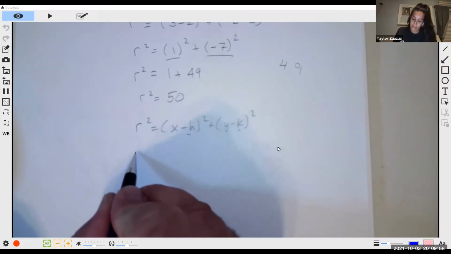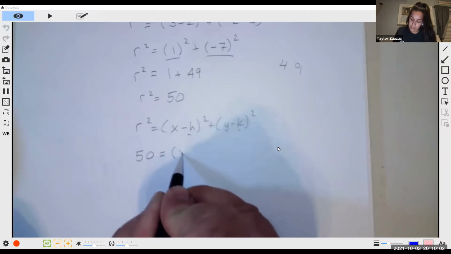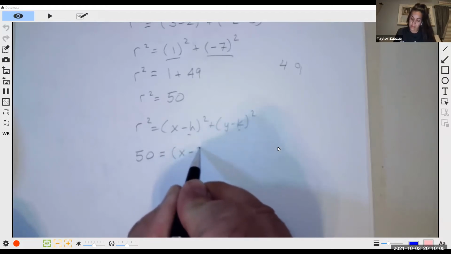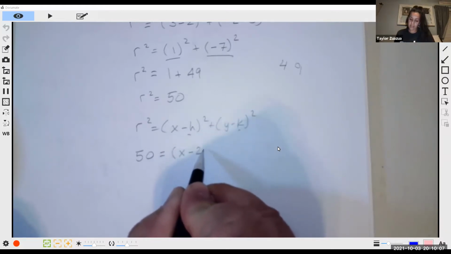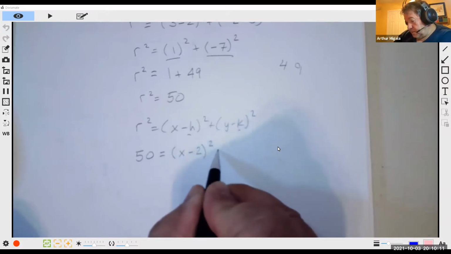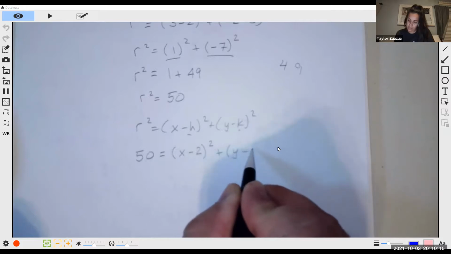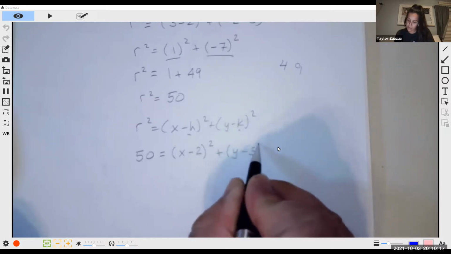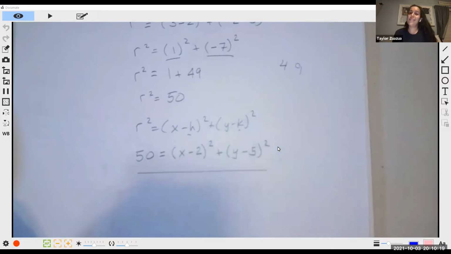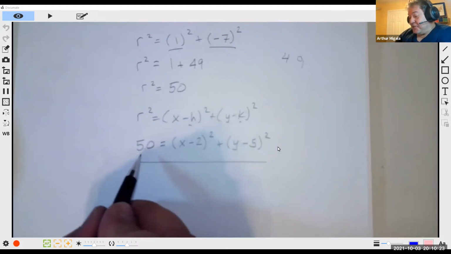So I would put 50 equals (x minus 2) squared plus (y minus 5) squared. H is 2 and k is 5.